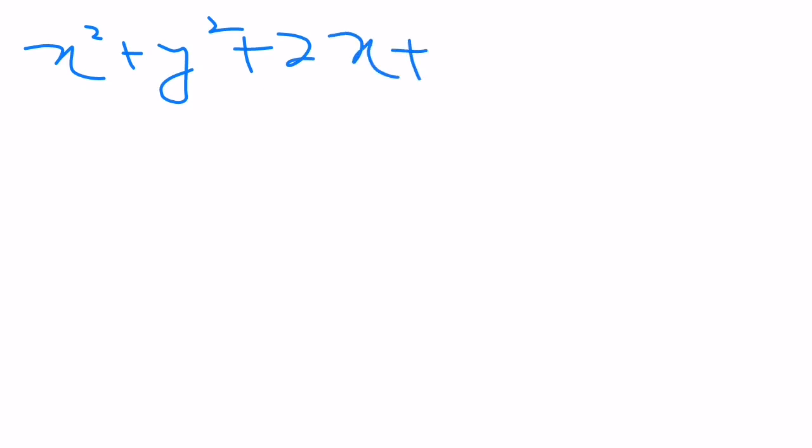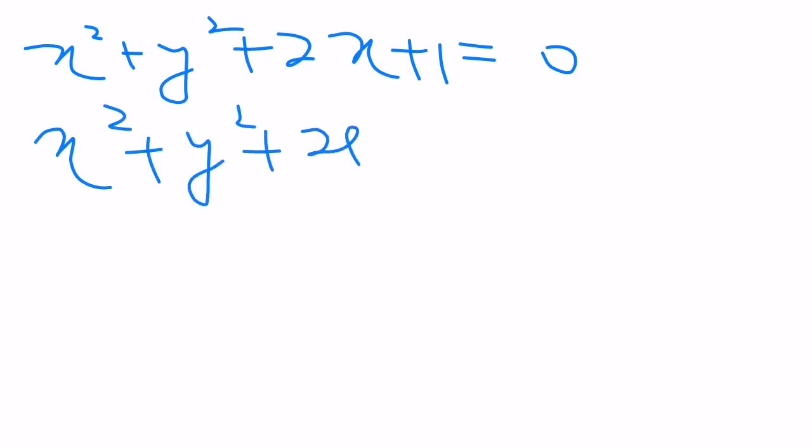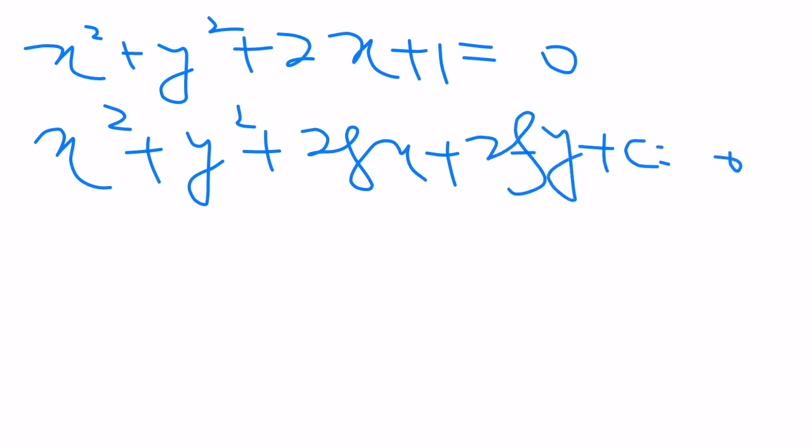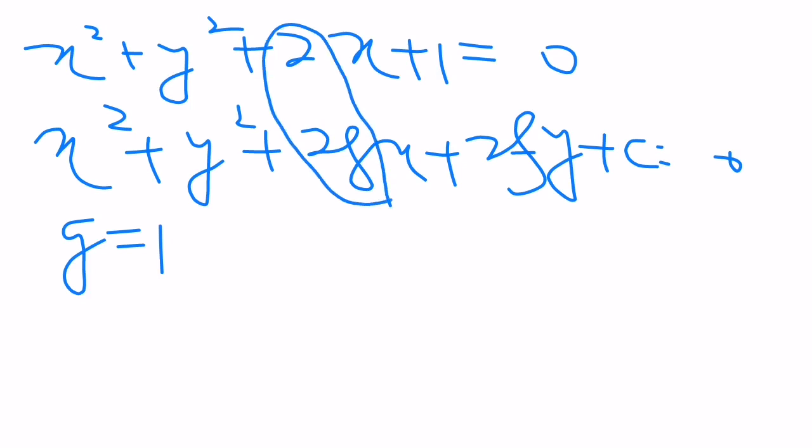Now we know that by comparing with x square plus y square plus 2gx plus 2fy plus c is equal to 0, g is equal to 1 because 2g is equal to 2, f is equal to 0, and c is equal to 1.